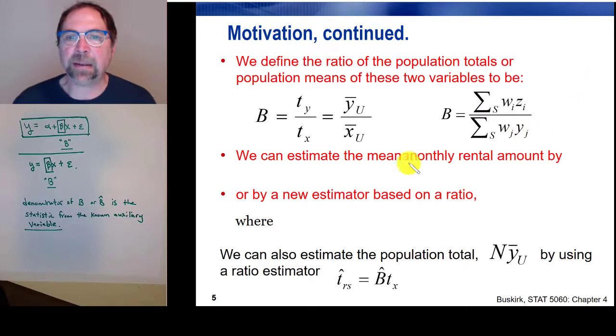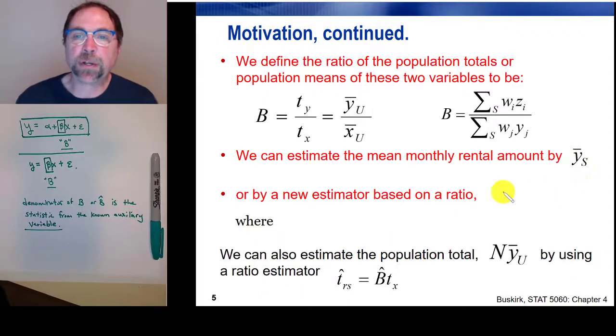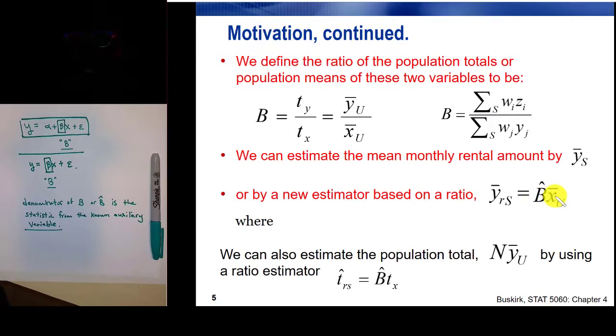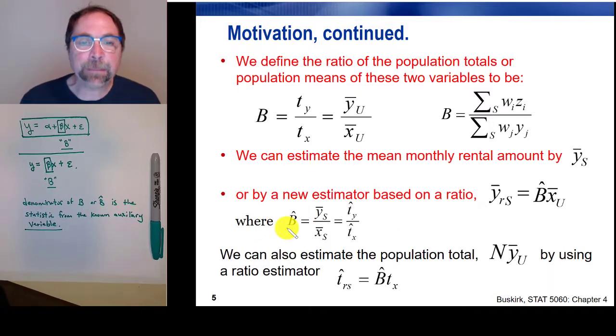Now we can estimate the mean monthly rental amount by the simple sample mean that we've learned already. But we could also create a new estimator based on the ratio. And this would be simply the product of my estimated B times the X bar U. In this case, the B hat is simply the sample version of these two things, right?